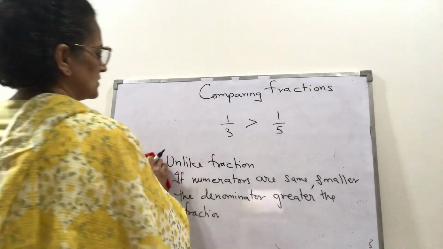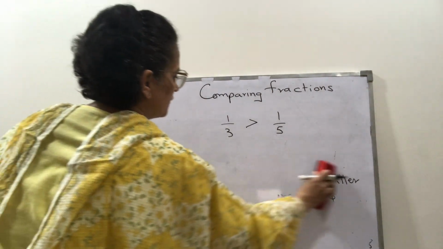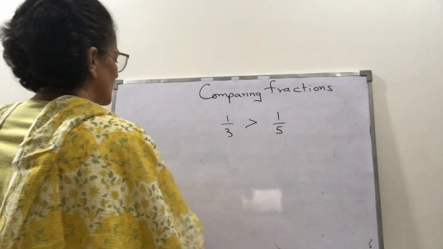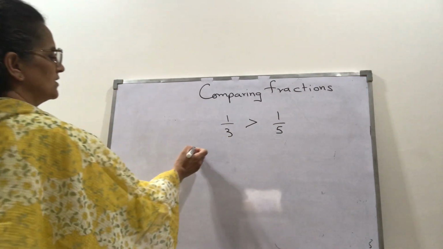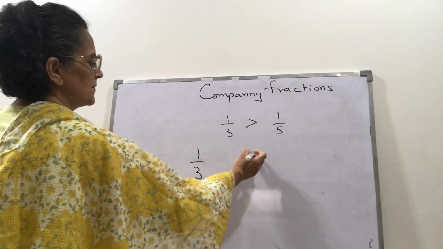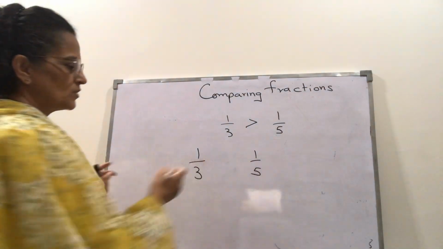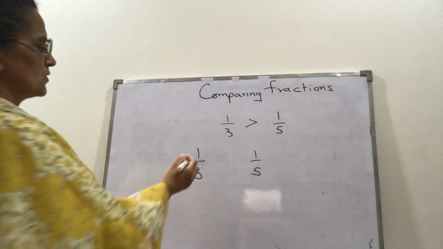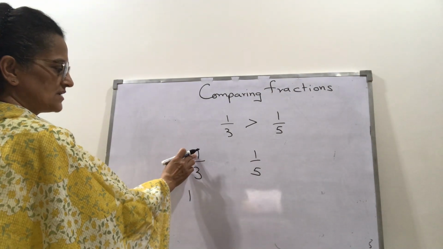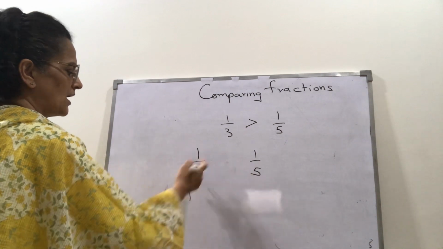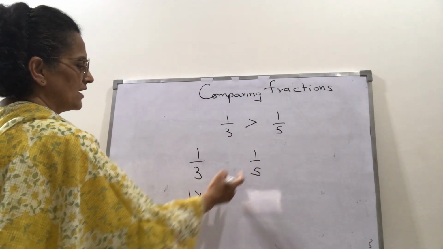Let's talk about another way of comparing. Now we have already done this. You can check it in another way. You can cross multiply. First we start with this one. Always start with this one and you multiply it with 5.